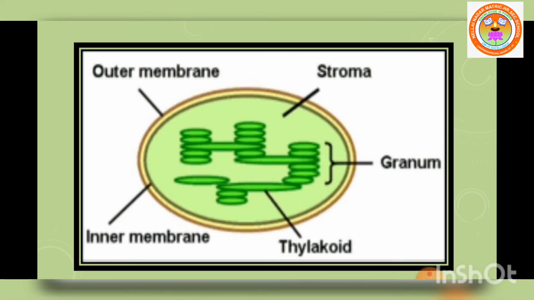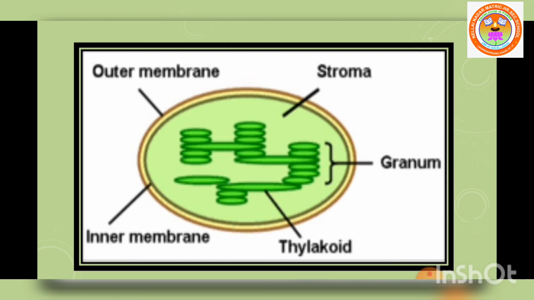What is grana? Some of the thylakoids are arranged in the form of discs stacked one above the other. These stacks are termed as grana. They are interconnected to each other by membranous lamellae called fret channels.